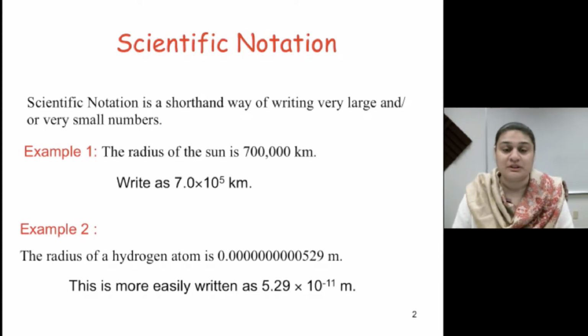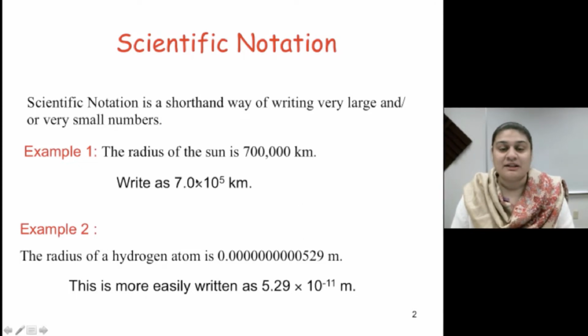Note the difference between a really large number and a really small number. See, there is no minus sign with this. That means it is a big number and we are supposed to multiply it with that many zeros. If you see a really tiny number, you'll see a minus sign that goes along with it. What that means is that you have to divide the first number by that many zeros.